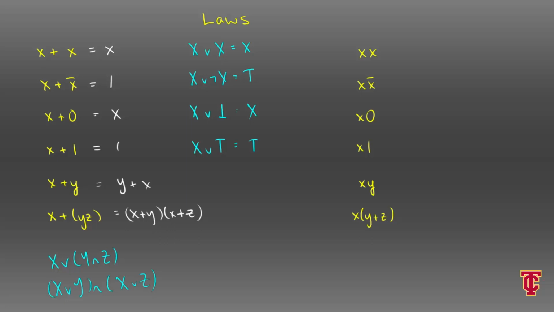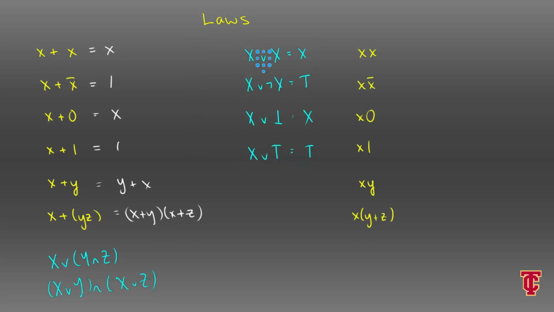Now the laws on the right are the same thing, except that instead of using ors, we're now using ands. Let's just change the symbol and see what happens to speed things up a little bit.